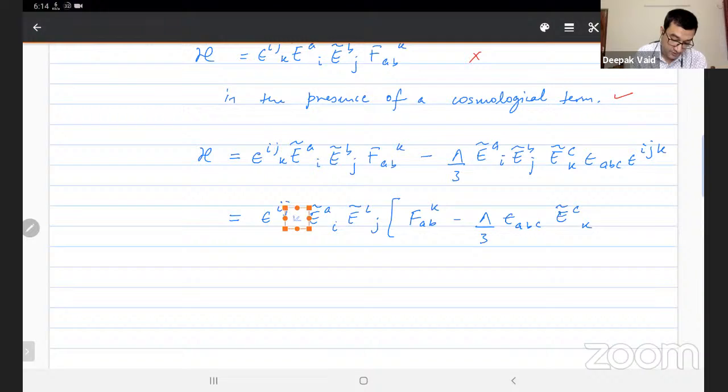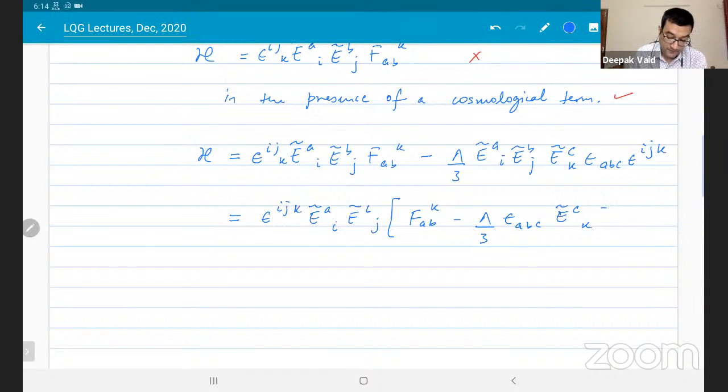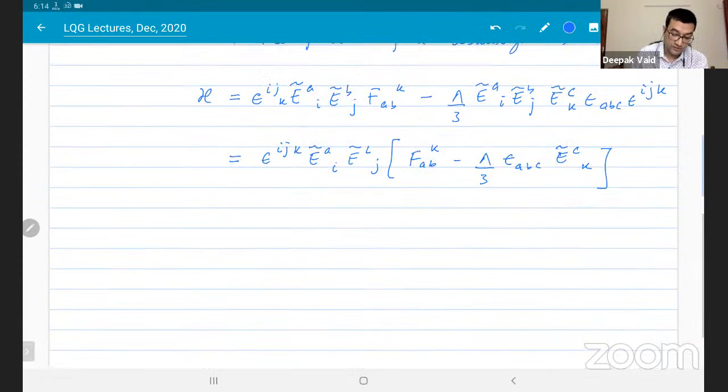I'll put this K here. This is the expression which solves the constraint.